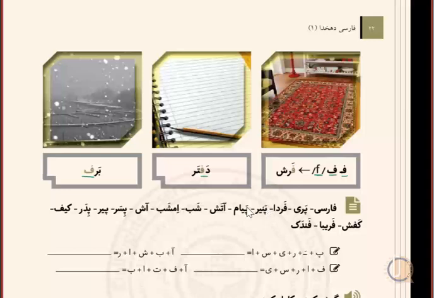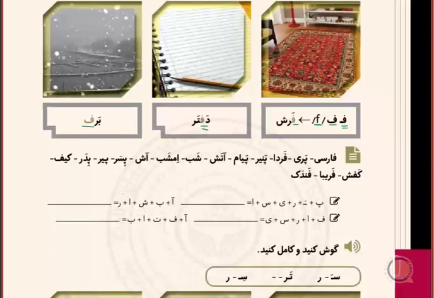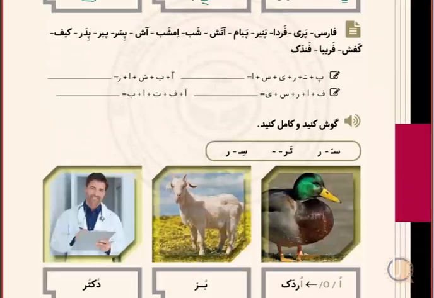Repeat again. فرش, دفتر, برف. As you see, we use the small f in the beginning and middle position, and the capital F in the final position. Let's practice a little bit. How do you read these words? Please try reading them.